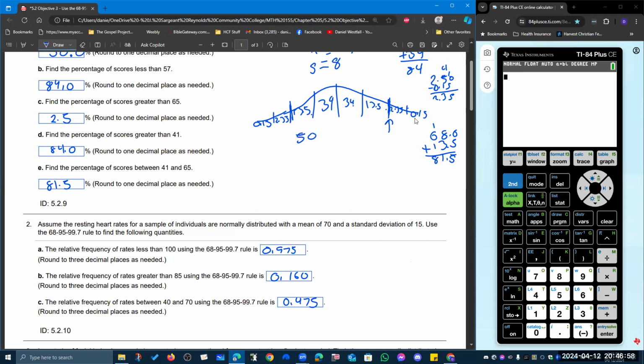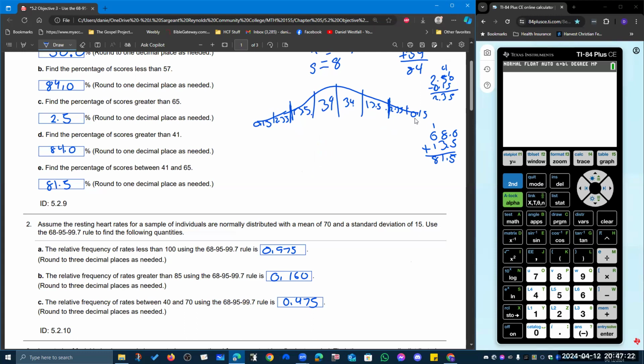There's 50% plus 34% plus 13.5% is 97.5% right there. 85 was here, and we wanted greater than 85.